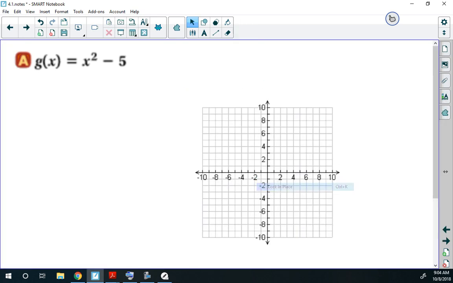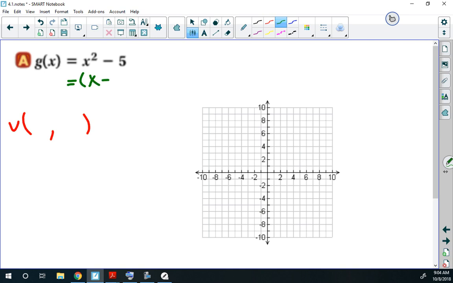So again, the first place I like to start with one of these is the vertex. Maybe you know what the vertex is, maybe you don't. It's not exactly in vertex form, though. If I wrote this in vertex form, I would say that this equals the quantity of x minus something squared minus 5. The quantity of x minus what squared? I know you don't see the parentheses because they're not there, but what's in the parentheses? 0.